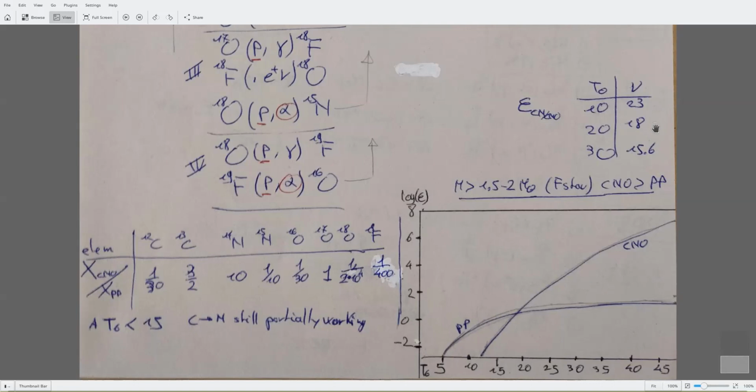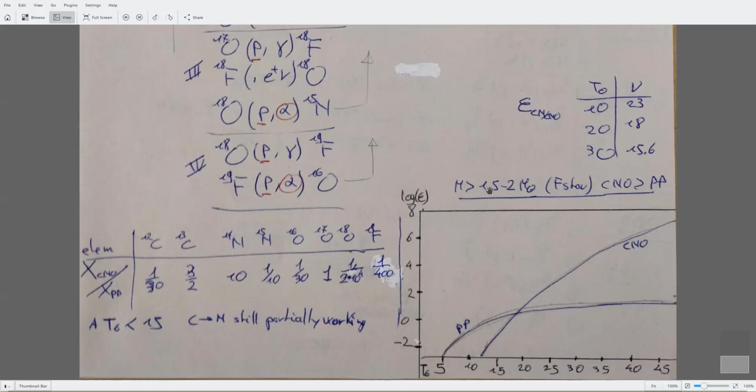If the temperature increases by 1%, you have an increase of 20% in the energy production. And this is the reason why it matters. So essentially, it's the main energy production for the star when the core starts to be over 15-20 million degrees, it's CNO.